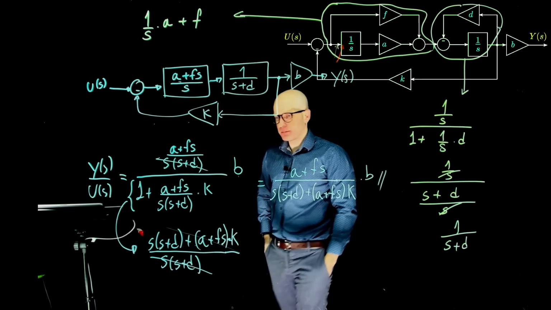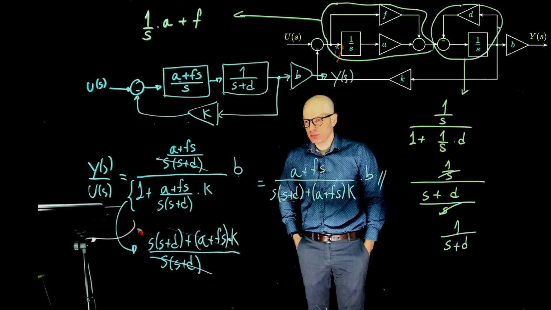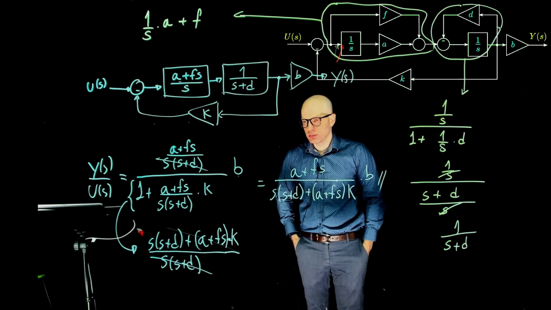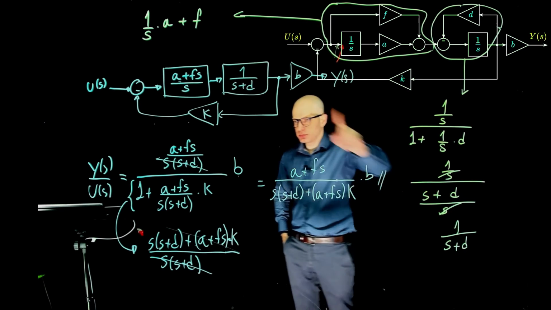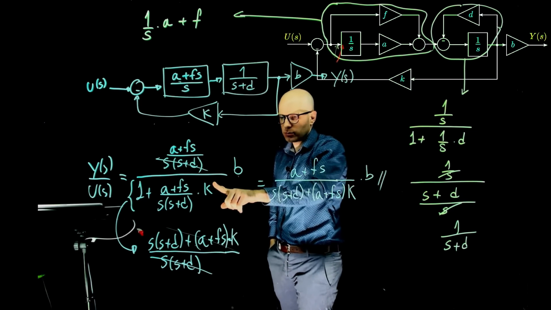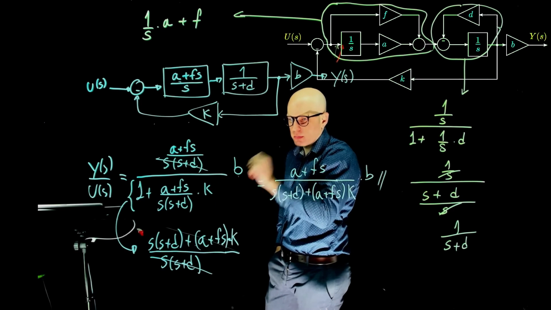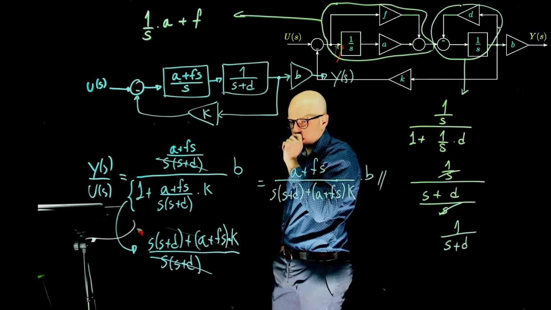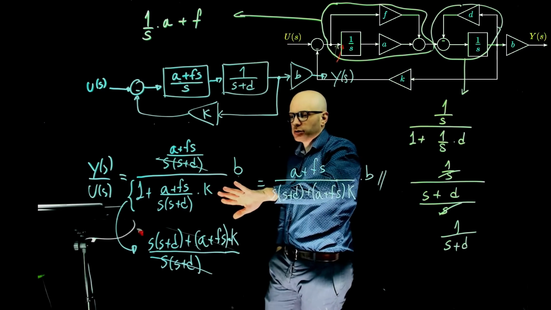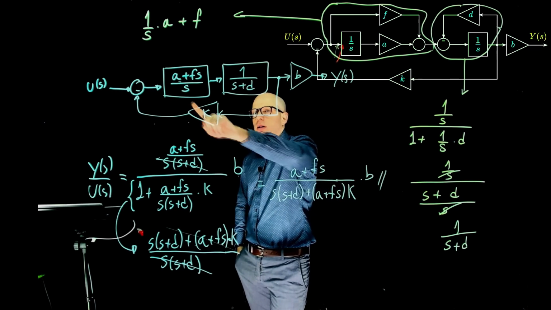Professor, for the numerator of the first transfer function that you wrote, the one in blue, y of S, how did you get that? Because I'm getting something different. I'm getting A plus Fs times S plus D plus S all over S into bracket S plus D. Okay, so this entire transfer function here is the line function, which is the multiplication of these two.